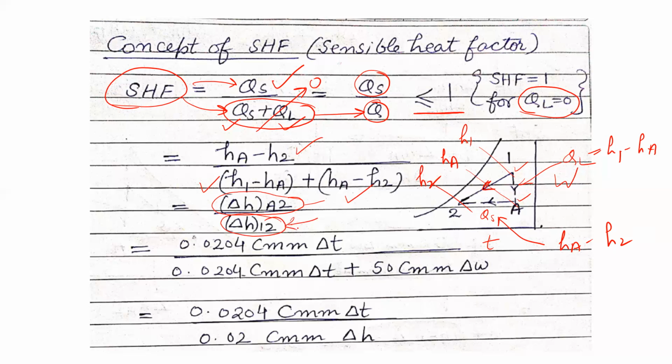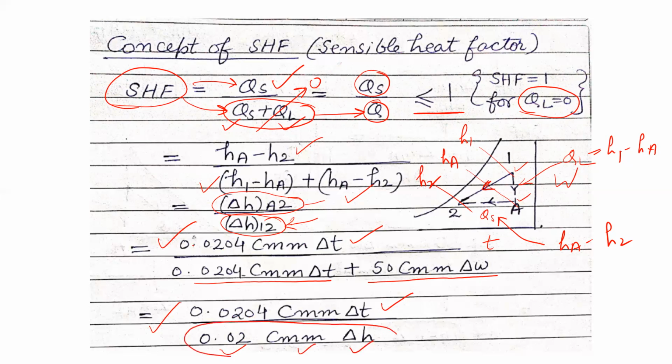And we know that the sensible heat removal is given by 0.0204 cmm delta T, divided by the total heat, which is given by the sensible heat part, and the latent heat part given by 50 cmm delta W. So it is equal to 0.0204 cmm delta T divided by 0.02 cmm delta H.